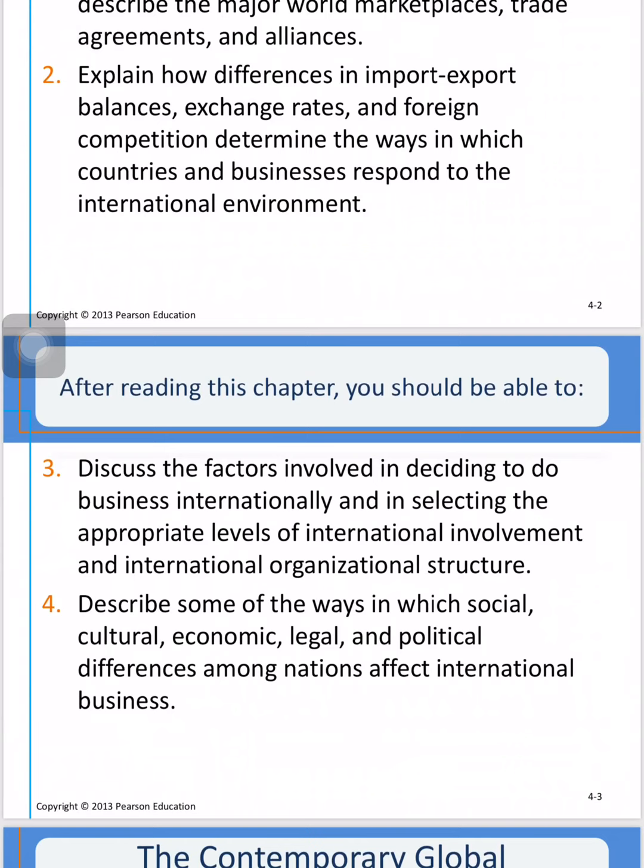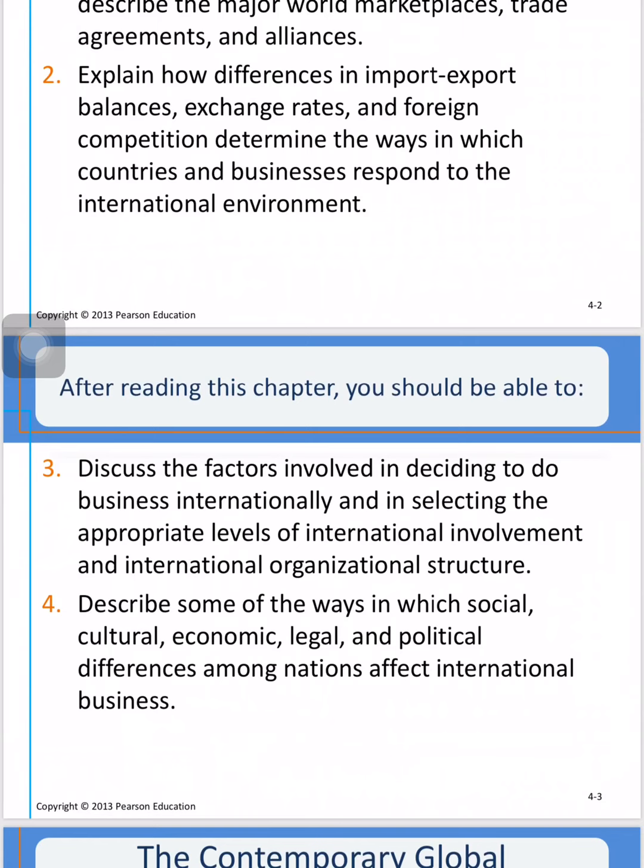Part 3 discusses international business management: going international, the level of international involvement, and international organization structures. And part 4, the last part in this chapter, talks about barriers to international trade: social and cultural differences, economic differences, and also legal and political differences.